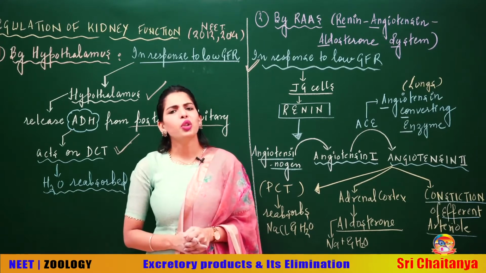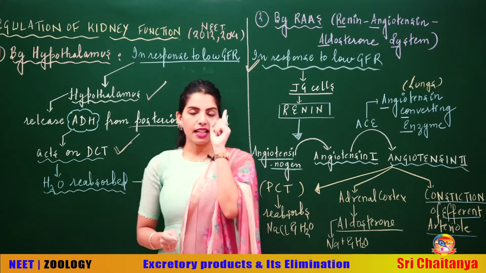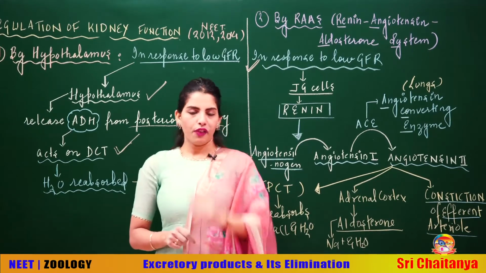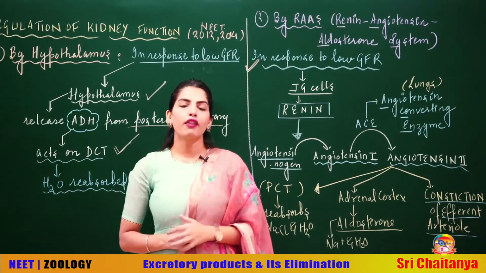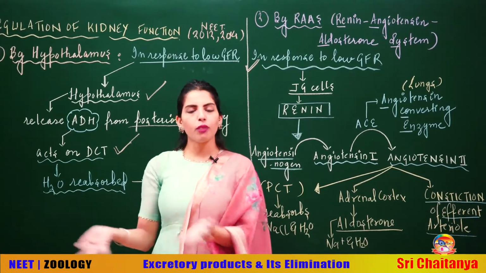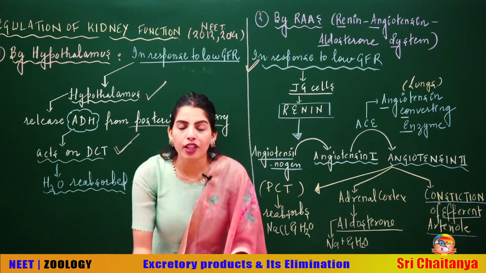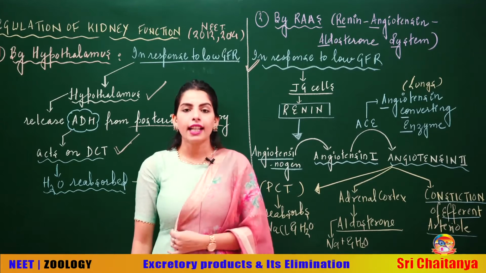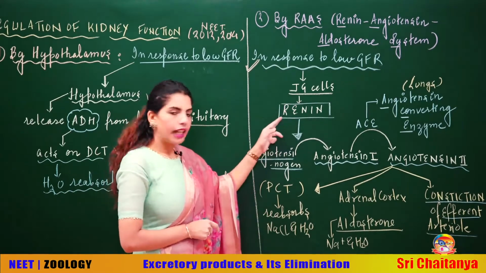But how did it know that I need to start producing renin? I told you that GFR is low. When the GFR is low, the amount of blood that is undergoing ultrafiltration is also less. So the amount of blood in the afferent arteriole will be less, in response to which, detected by the JG cells, they start releasing renin.